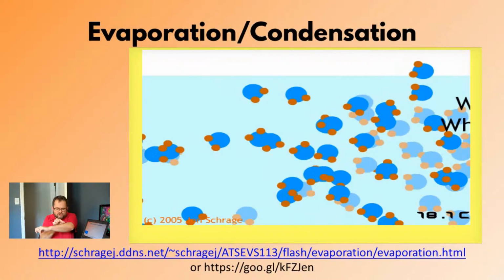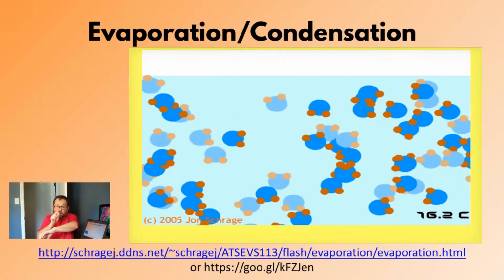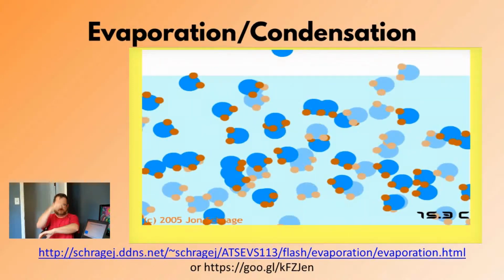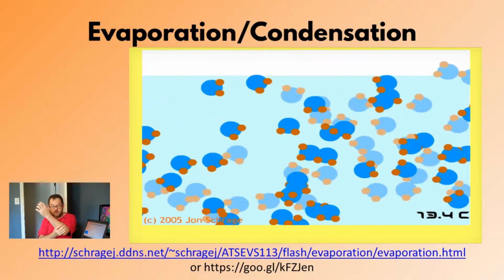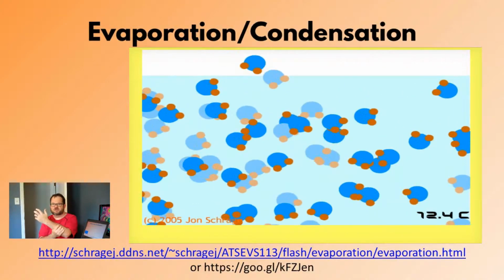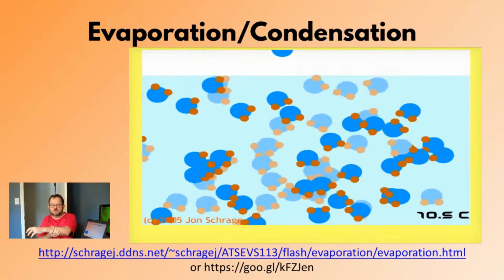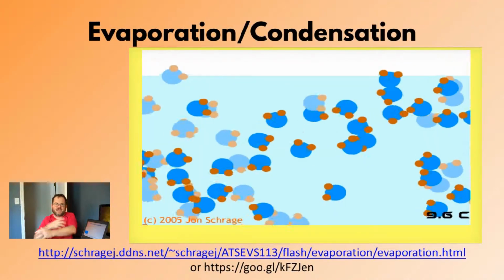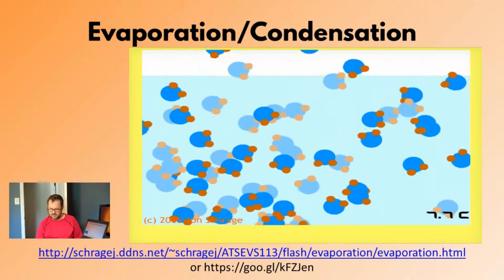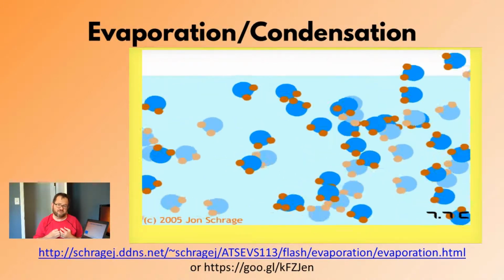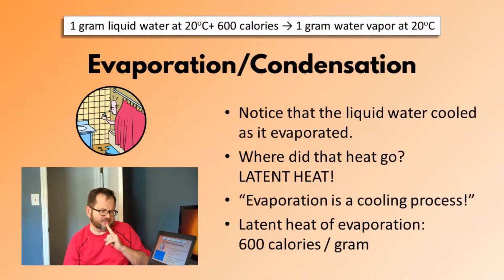So for that molecule who's currently hanging out as just a little drop of perspiration on your skin, he's going to have to gain a whole lot of energy from being bumped by air molecules, oxygen molecules and nitrogen molecules, or being bumped by the molecules that make up your skin and so on, to give it enough of a push that it now has enough energy to leave and become a water vapor molecule. It's going to have to absorb a lot of heat from the environment around it. It's going to have to be a cooling process, which makes sense.